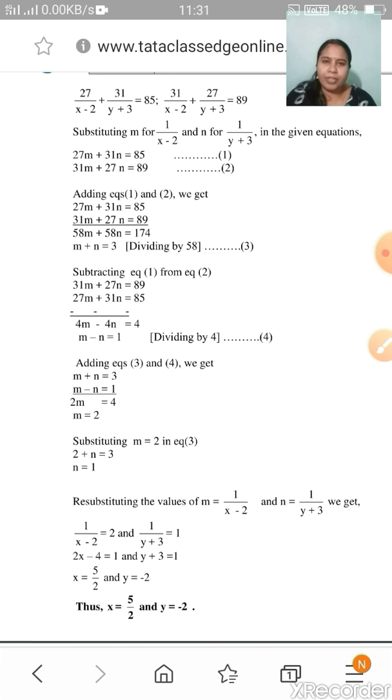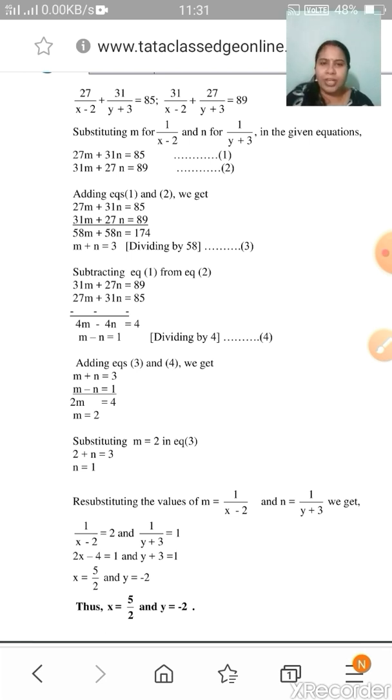What is now left is to use addition, subtraction and then addition again. So the first step is adding these 2 equations. When I add these 2, I get 58m plus 58n is equal to 174. I know it is not easy to remember the 58 table directly, and I don't expect you to learn all such things.